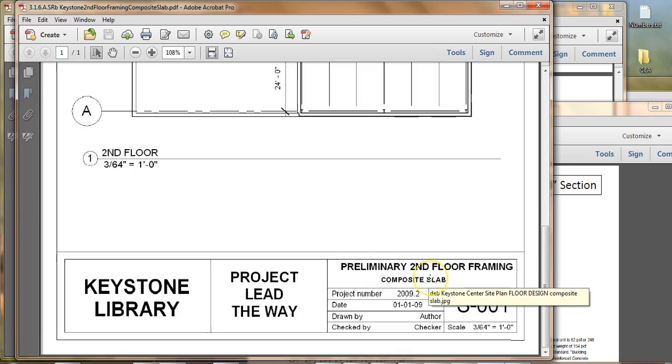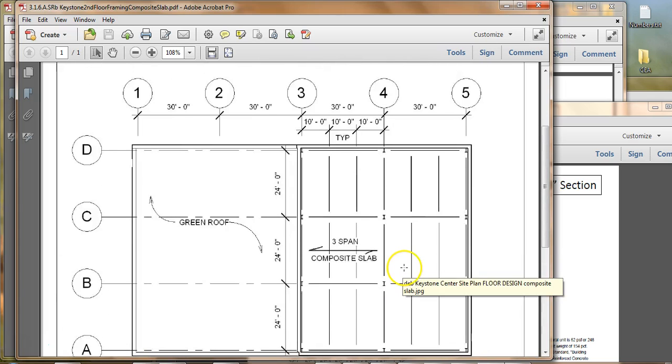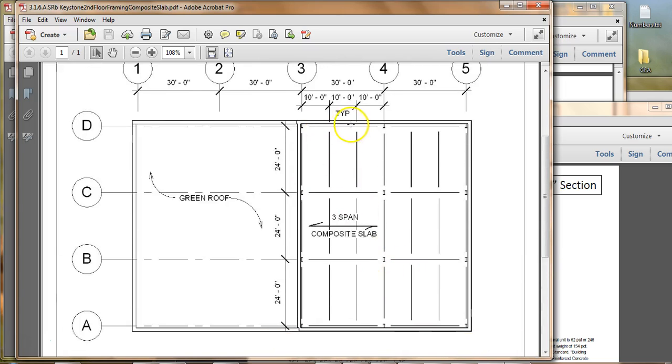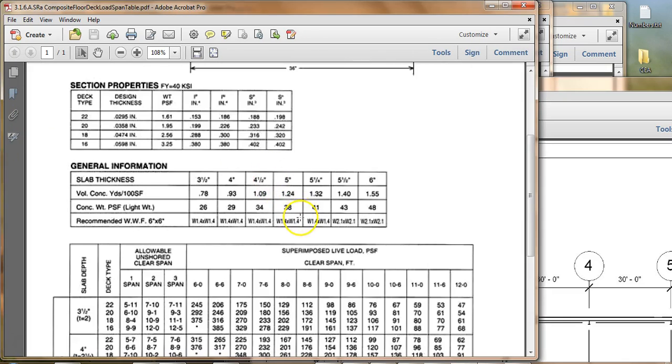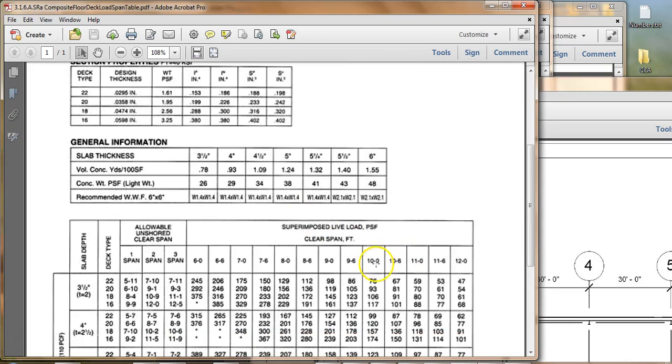Here is my framing design for my composite slab. Be sure you look right here that you got the right one. So this one shows that we're going to have 3 spans for our composite slab here. And we're going to use a clear span of 10 foot because each one of these is 10 foot. So looking back at this one, I'm going to be using the 10 foot clear span here.